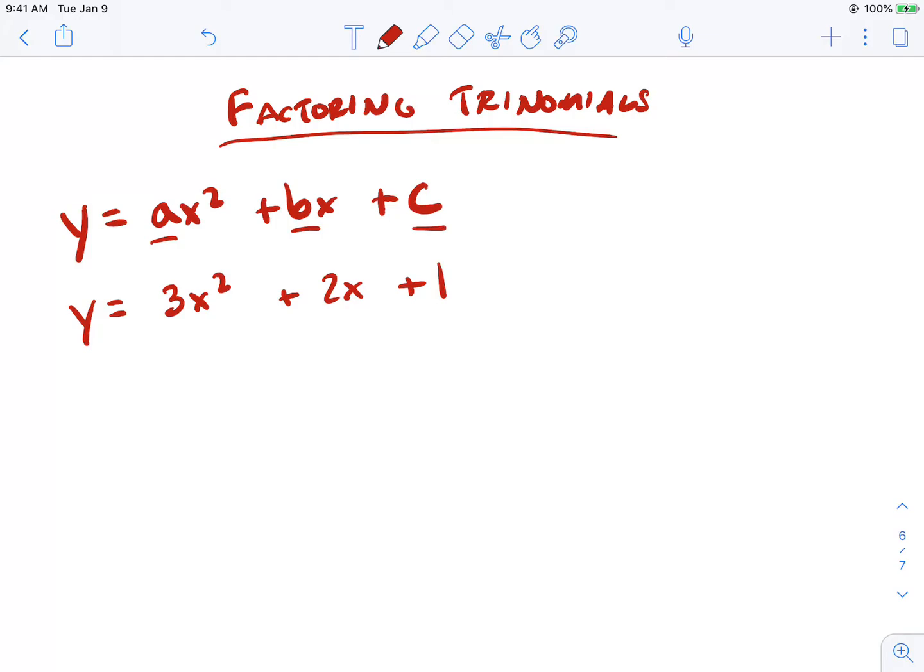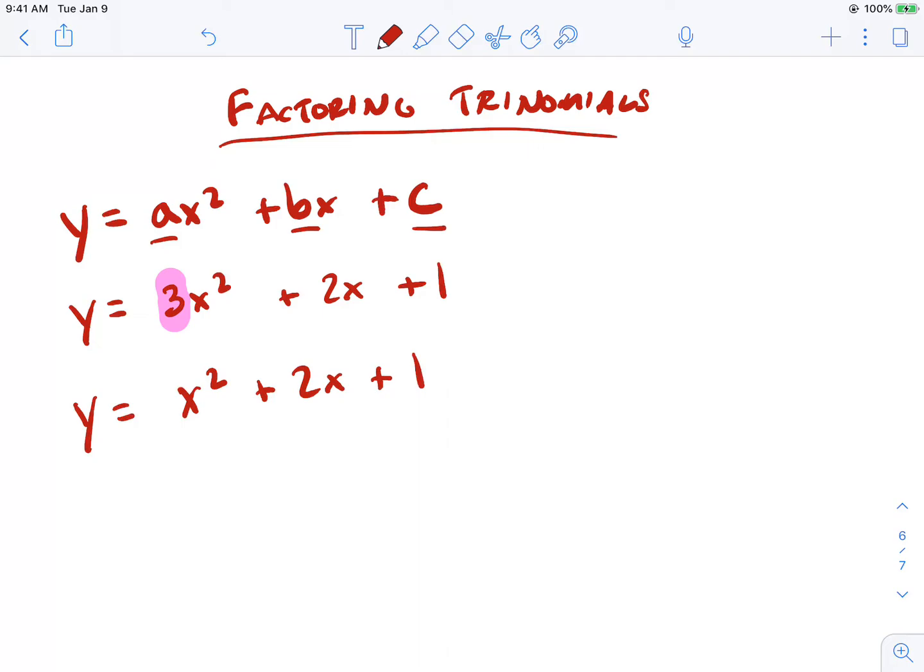This would be a trinomial, but we're not even looking at these kinds of trinomials, because we will never deal with any trinomials we have to factor that have any number other than 1 in front of the x squared. So all of our trinomials are going to look like, instead of 3x squared, maybe just x squared plus 2x plus 1. And this makes our life when it comes to factoring a whole lot easier.